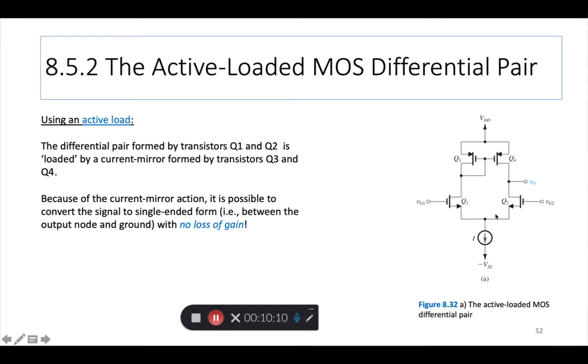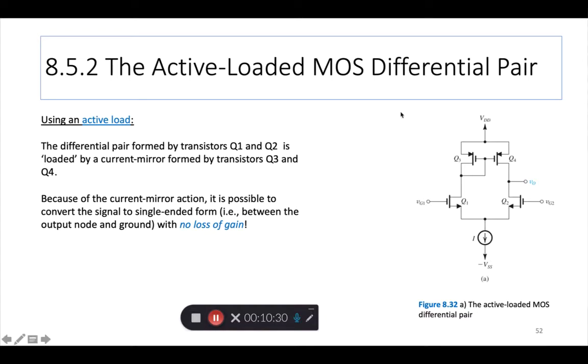Q1 and Q2 is the differential amplifier, Q3, Q4 is the current source load. Also in this case it is a current mirror. A mirror is formed by connecting these two gates like this. If you do that, it's a current mirror.